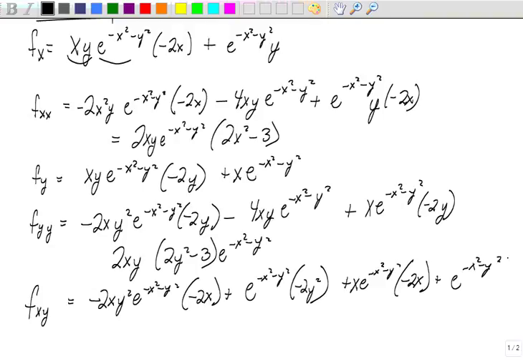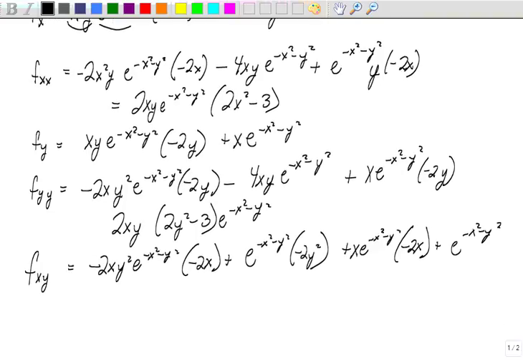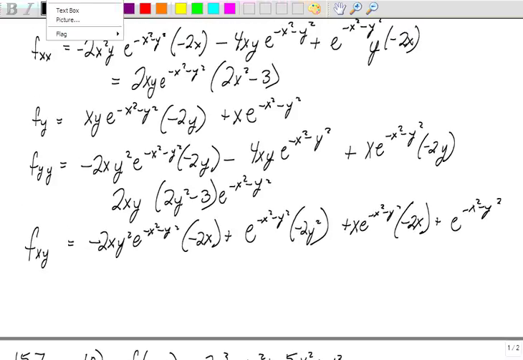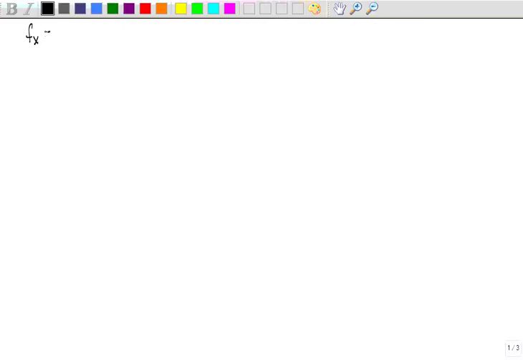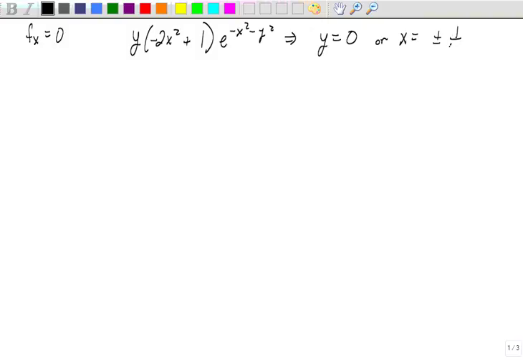All right, if we set f sub x equal to 0, we have y times minus 2x squared plus 1. All right, that tells me that y is 0 or x is plus or minus 1 over the square root of 2, because e is never 0, e is always positive. So we set that equal to 0 or that equal to 0.